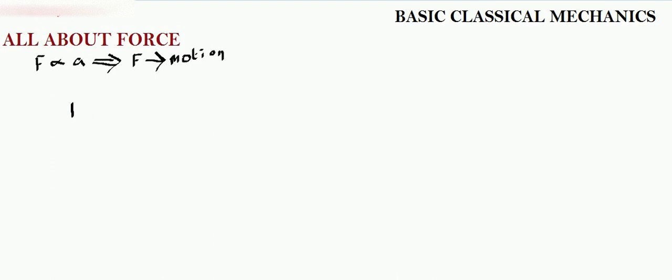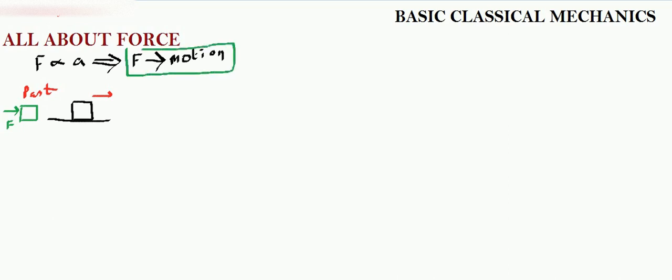So for example, if there is an object and this object is moving in a straight line motion, it means at some point in the past there was a force that acted on this object, and this force created motion.